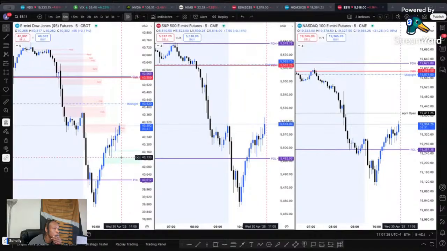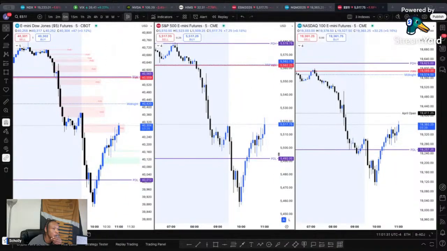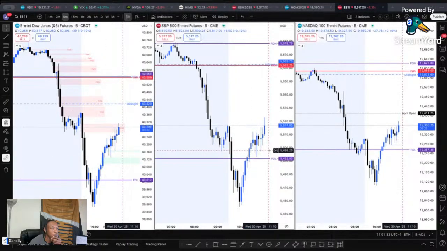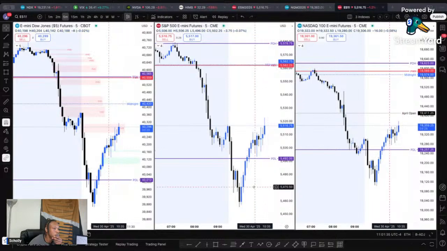Everybody pushing. 413, I'm sure it's gonna hit that level. 413. Yeah, like I said, them levels matter, and that's how folks trade.